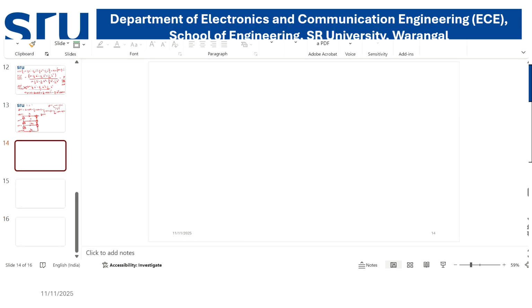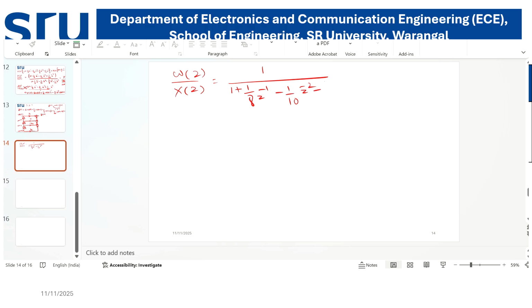Now consider W of z by X of z equals the denominator factor. The denominator factor is 1 by 1 plus 1 by 8 z power minus 1 minus 1 by 10 z power minus 2 minus 5 by 8 z power minus 3 minus 1 by 10 z power minus 5.